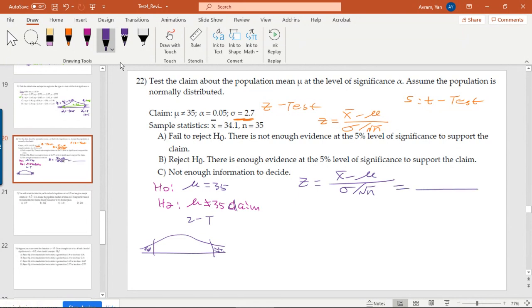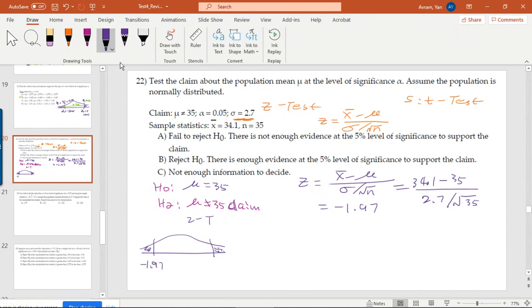We can put this whole thing in. X bar here is 34.1, mu here is 35, sigma is 2.7, n here is 35. Okay, if you put this into the calculation, it's 1.97.